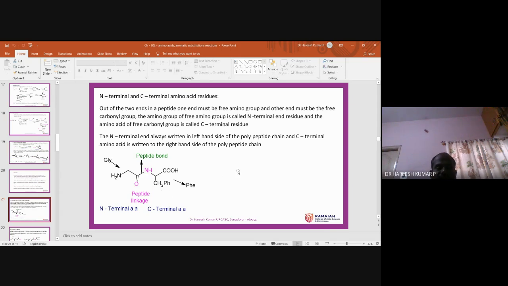Suppose there is one containing 100 amino acids, then also on the left side you will have the N-terminal end with a free amino group, and on the right the C-terminal end with a free carboxylic group. Okay, this is about N terminal and C terminal of the peptide.